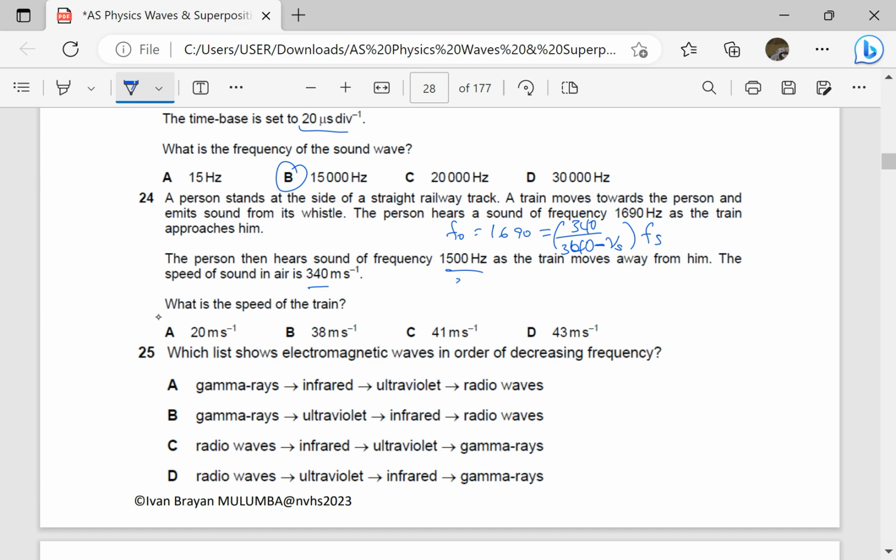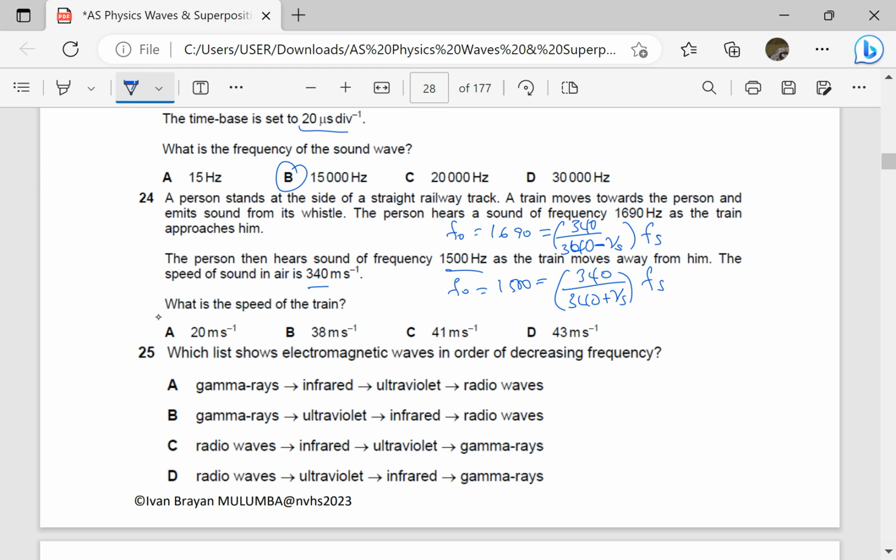When it is moving away, the observed frequency F0, which we have seen as 1500, is going to be 340 divided by 340. Because it is moving away, we shall add the speed of the source, because here the frequency is low. So this is times Fs.